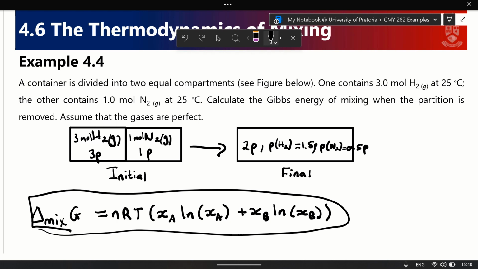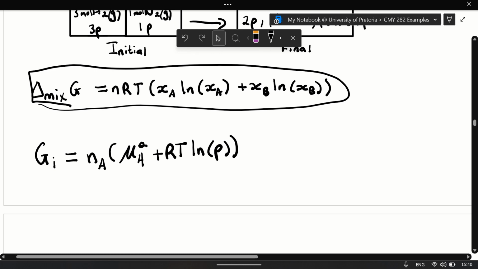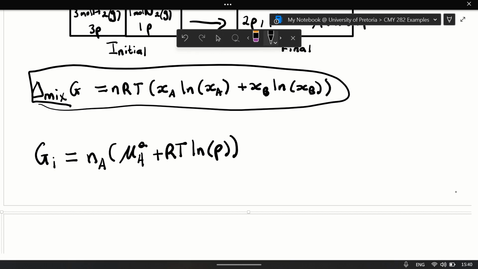So if we look at equation 4.18, then the initial Gibbs energy of one gas is just equal to its number of moles times the standard chemical potential of that gas, plus RT ln of the pressure of that gas.